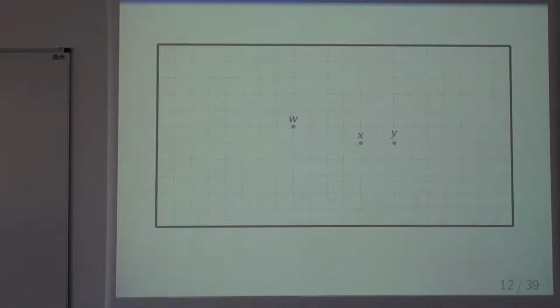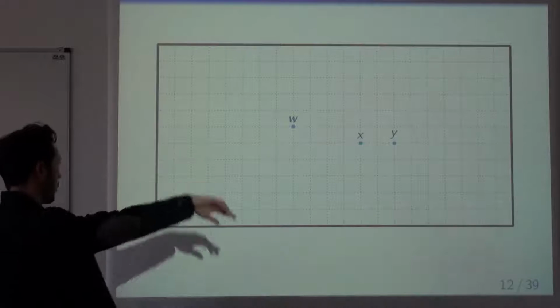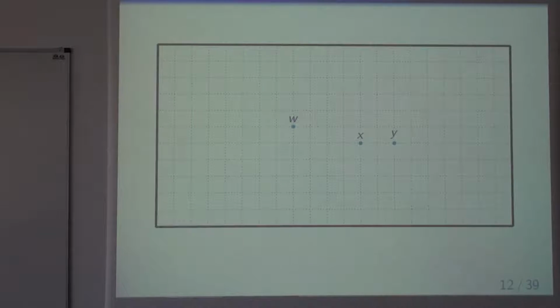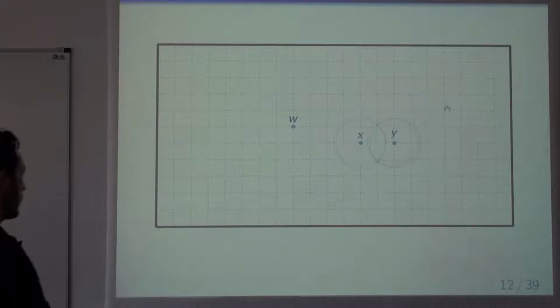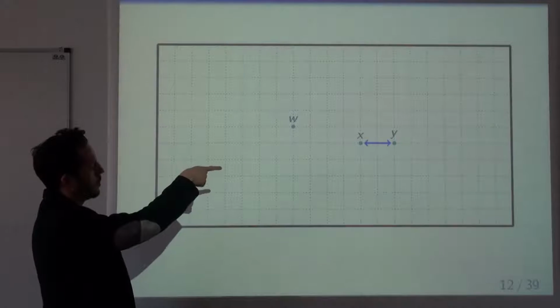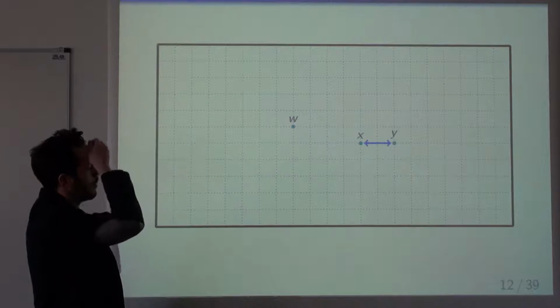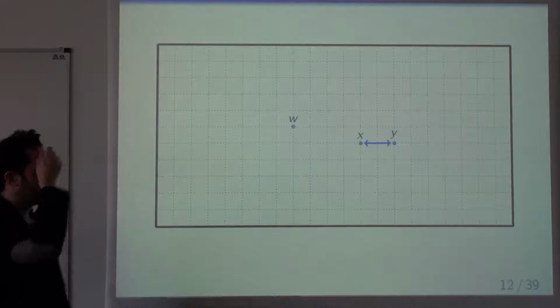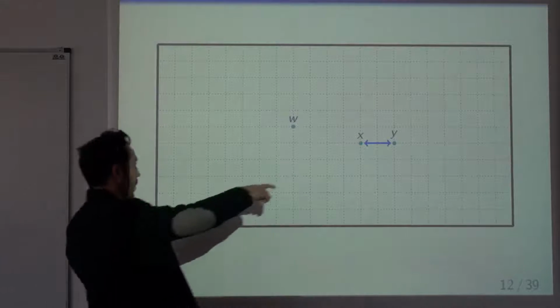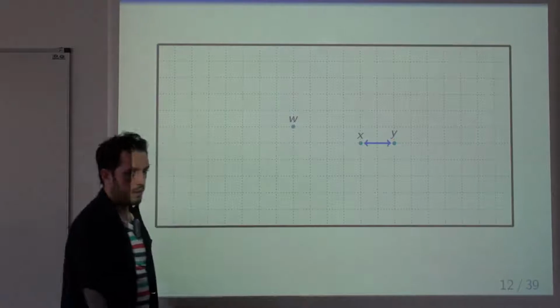How can we see that? Let's suppose that we have these 3 base stations. X is the closest base station to Y, and Y is the nearest base station of X. They're going to cooperate.